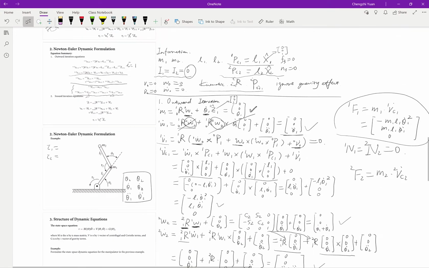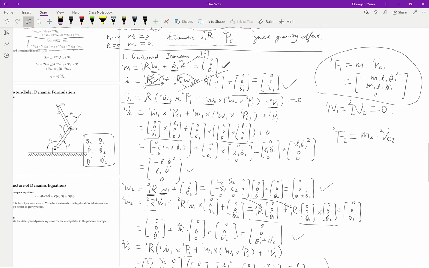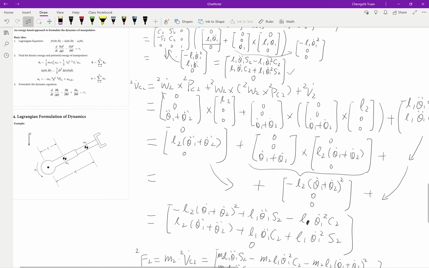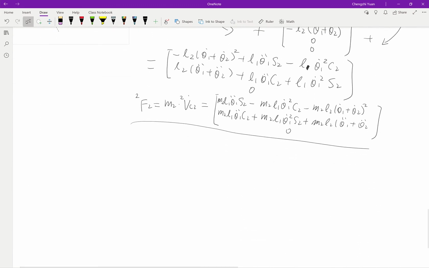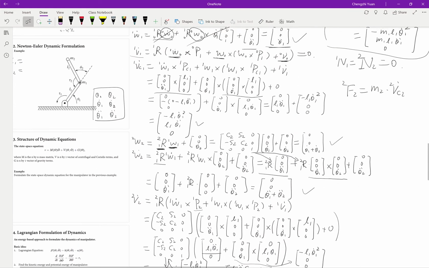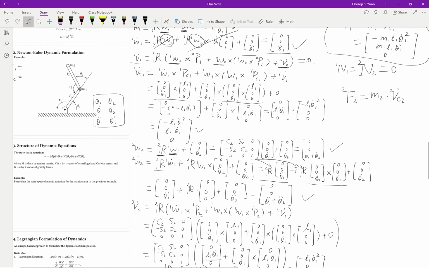Step 2, the inward iteration. We're going to do F22 first.